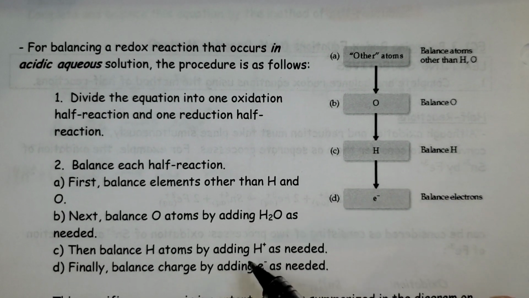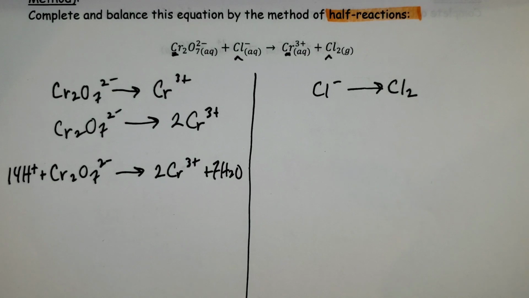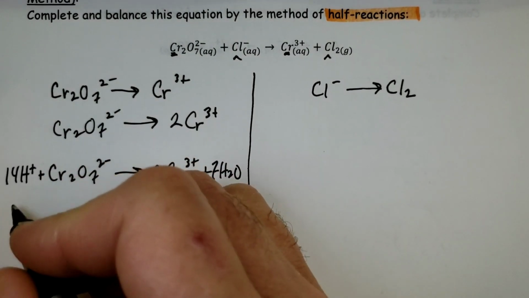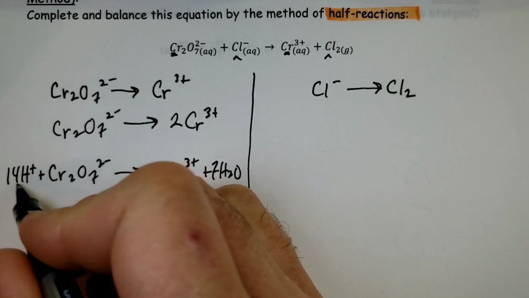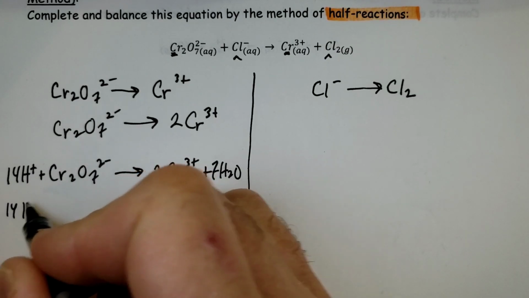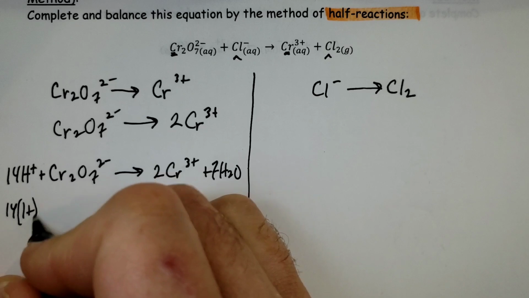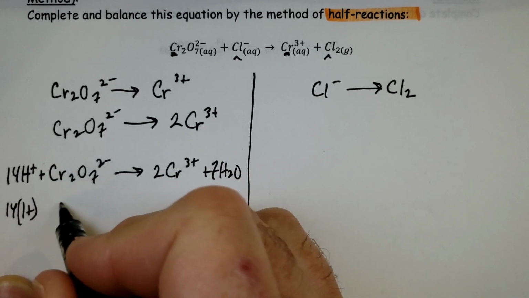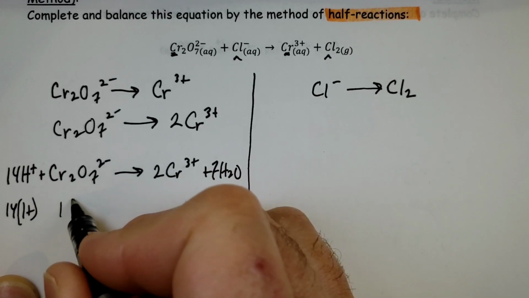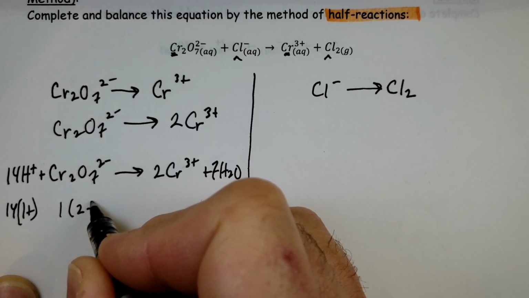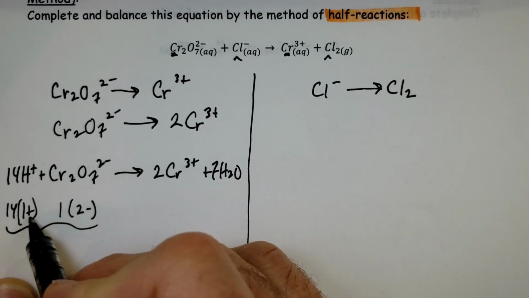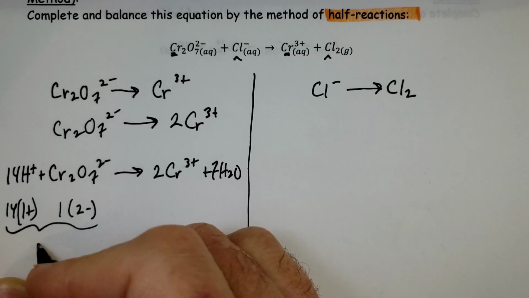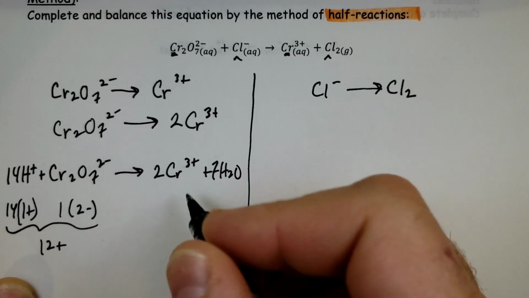Now I need to figure out the charges on each side and add electrons on the more positive side. So if I look here, I have some positive ones, and I have 14 of them. And over here, let's see, I have one of these ions, and that's a charge of 2 negative. So that's going to give me a total of 14 positives and 2 negatives, 12 positives.